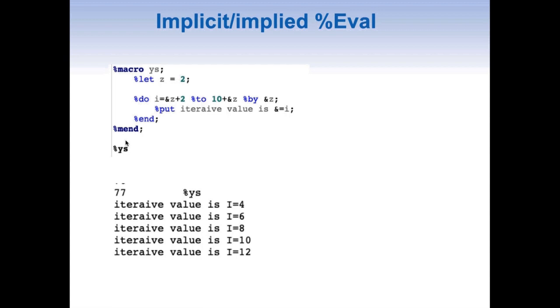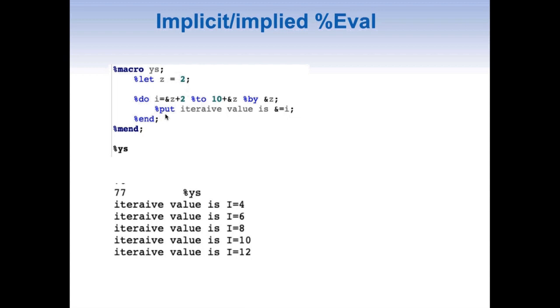Before going into any other details, let us try to understand what is happening in this %do loop. In this %do loop, we are creating a macro variable i, and we are saying ampersand z plus 2, which is our starting point, and our ending point is 10 plus 2, and we are saying to increment by 2 because our macro variable z has a value of 2.